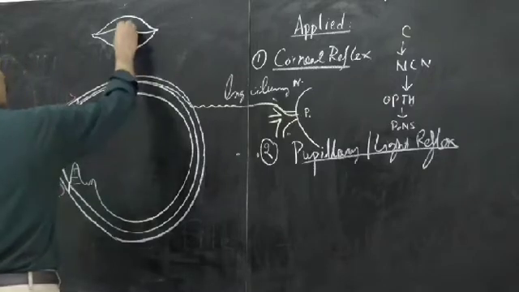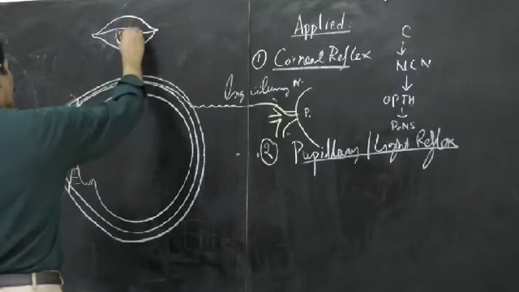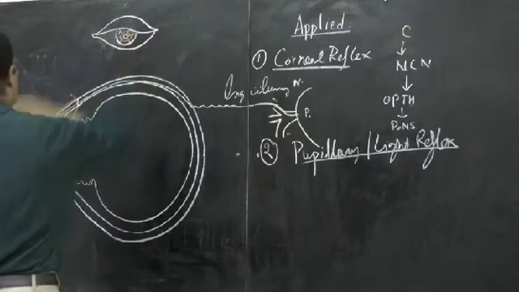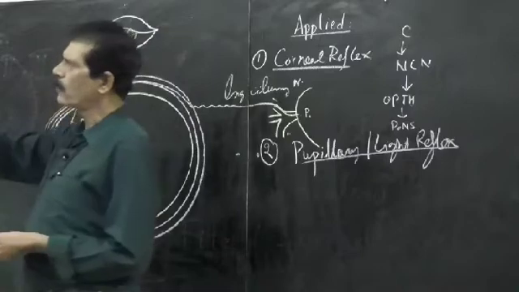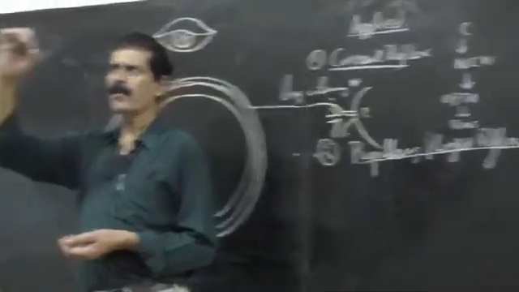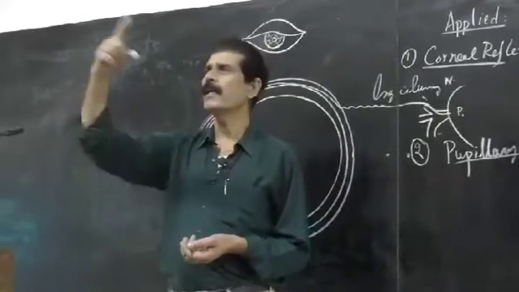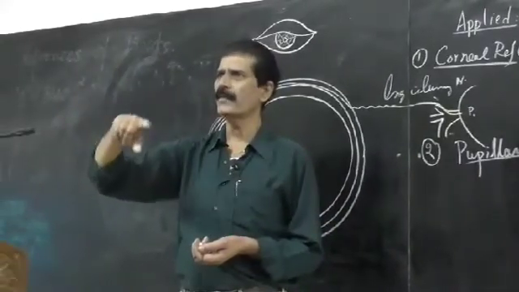The circular muscles, as the name says, are arranged in a circular fashion. The radial ones are like the radii. So when the circular muscles contract, what do they bring about? Constriction of the pupil. The same is the tunica media in the wall of the artery and the vein.